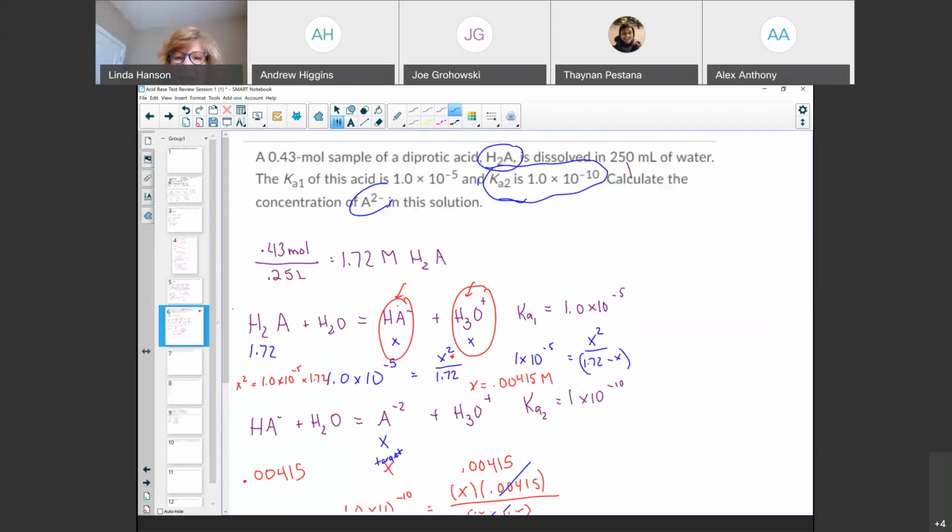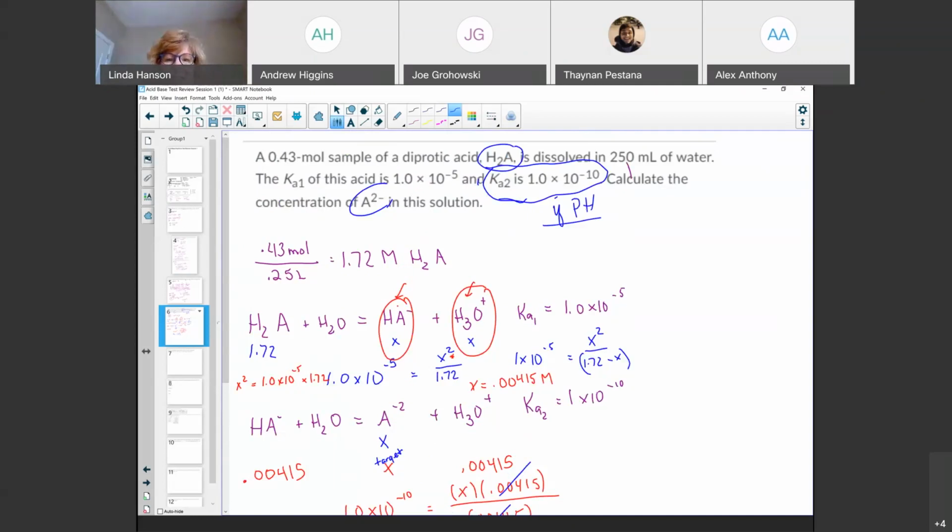If this question had asked for pH, it did not, but if it asked for pH, how many ionizations would we go through to find pH? I don't care if it's monoprotic, diprotic, or triprotic. pH is always found from that first ionization.